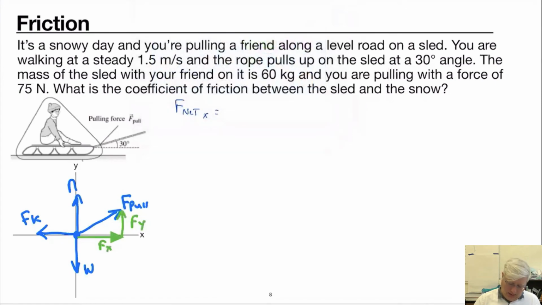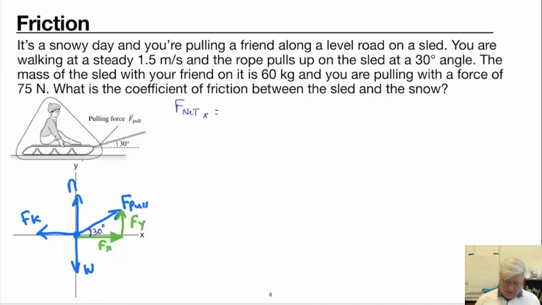And we know that this is 30 degrees. Put that in there. Okay, so now we can make some equations to represent this situation with a net force equal to 0.